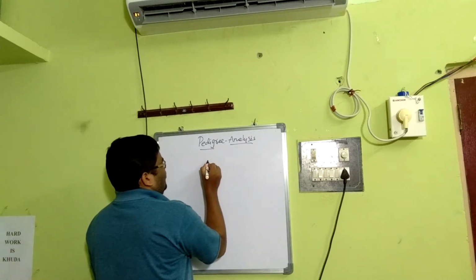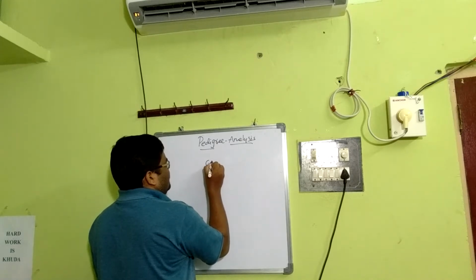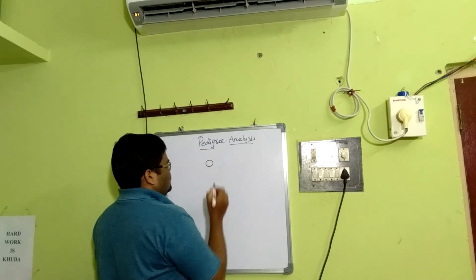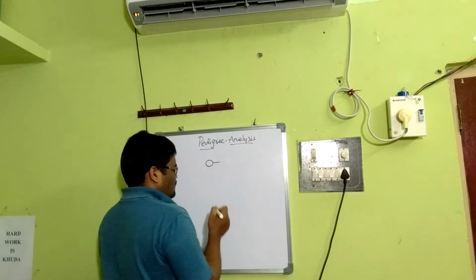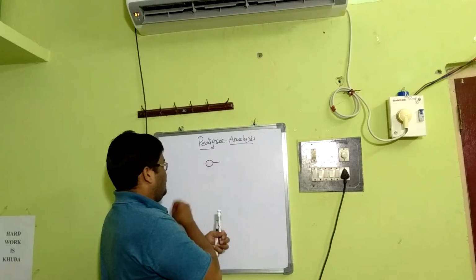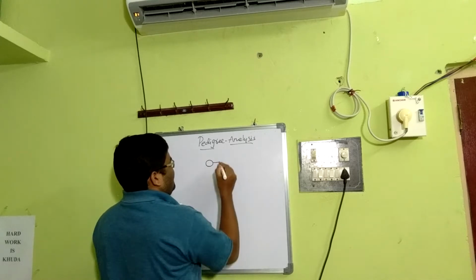First, a female will be represented by a circular structure. Then the male.